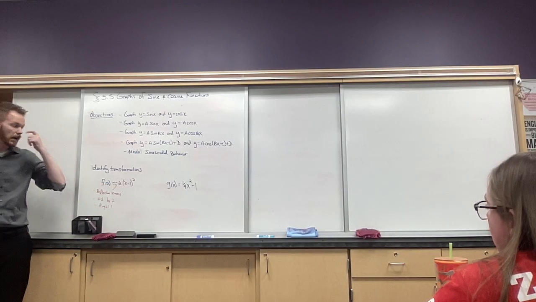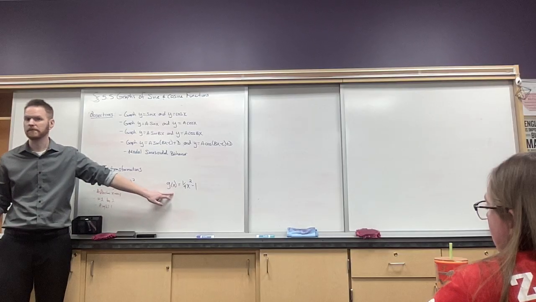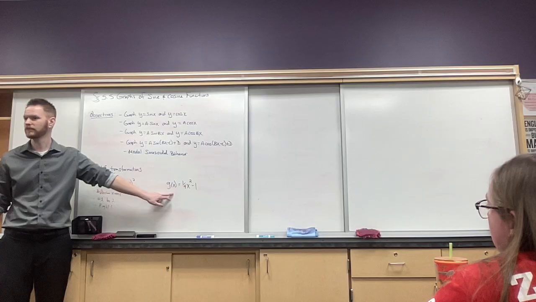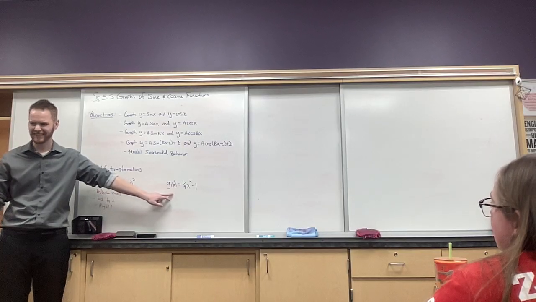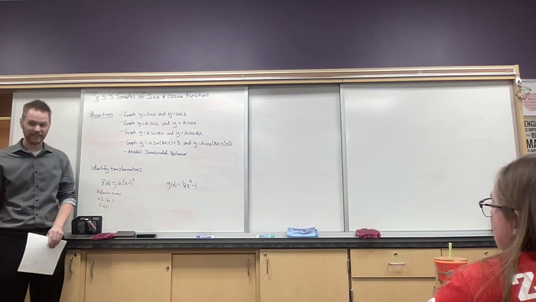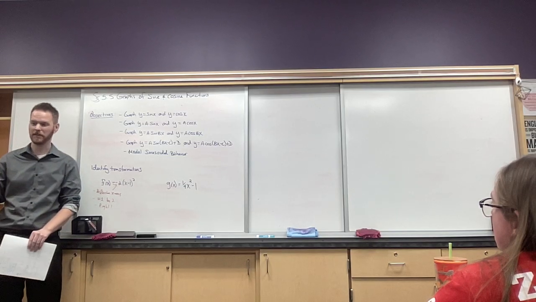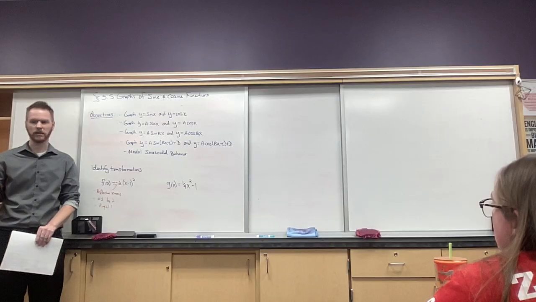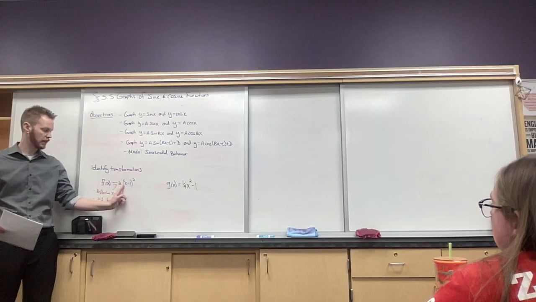Okay, very good. How about this one over here? What's happening to this guy? Horizontal stretch by 1/4. Vertical compression by 1/4. And then what's the negative one doing? Horizontal would be if this 1/4 was inside the parentheses.